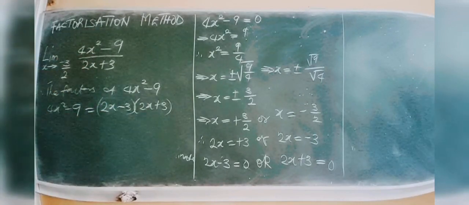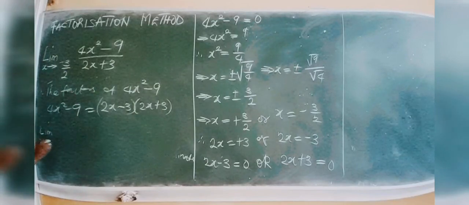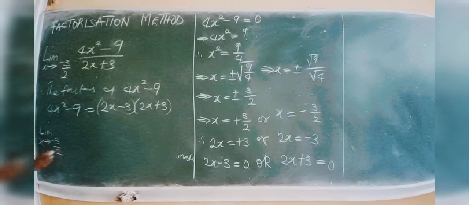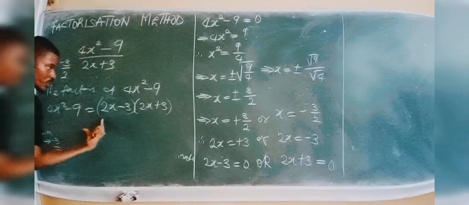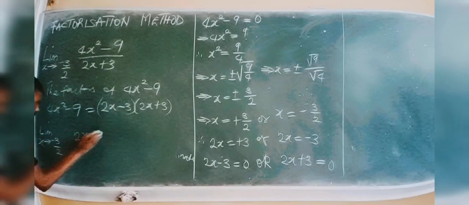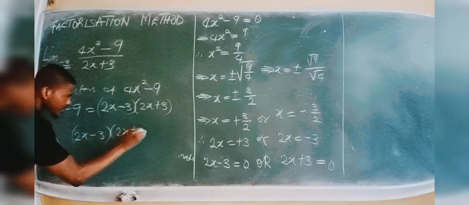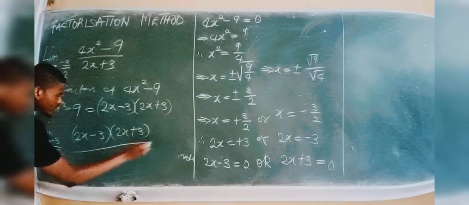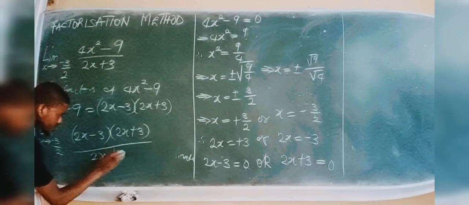Therefore, the limit of this function becomes the limit as x tends to minus 3 all over 2. In place of 4x squared minus 9, we simply put in these factors: 2x minus 3 multiplying 2x plus 3 all over 2x plus 3.